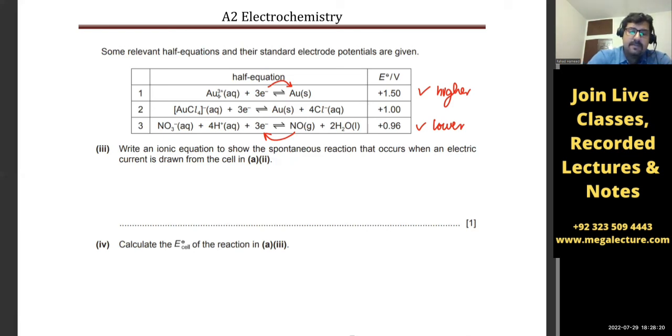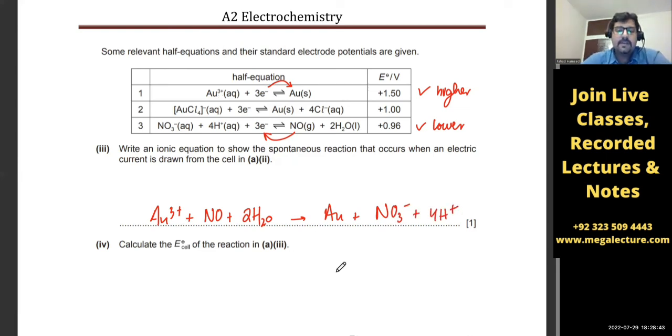Au3+ in the first one, and in the second one the reactant is NO gas plus 2H2O. So what are my products? In the first one, the product is Au solid. In the second one, the product is NO3 minus and 4H+.